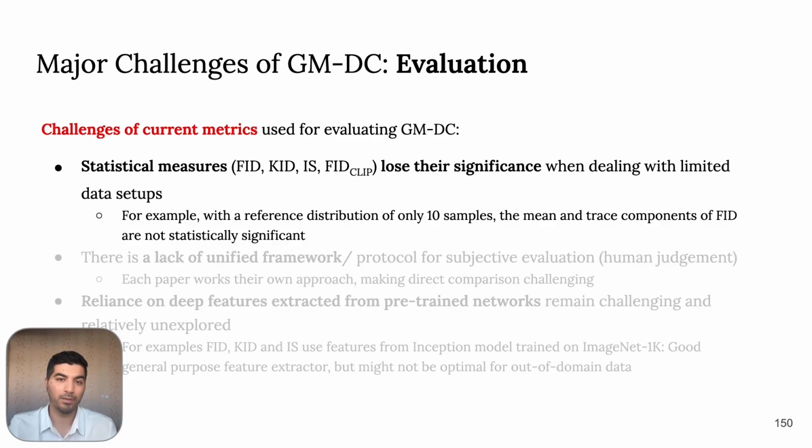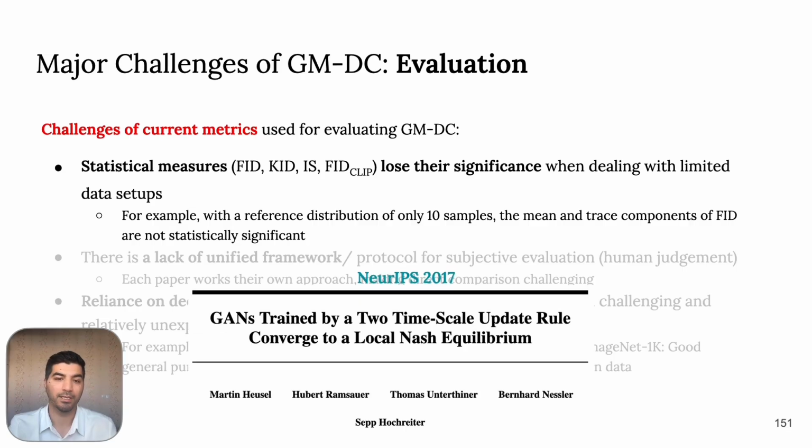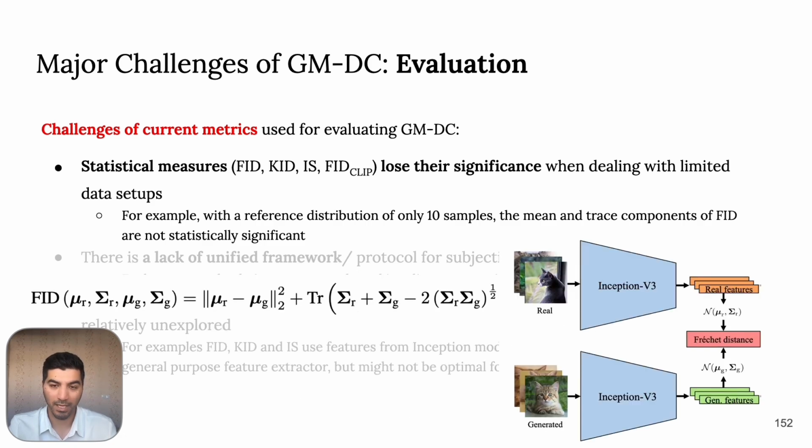But there are some challenges with current metrics. First one is that statistical measures like FID, KID, and Inception Score lose their significance when dealing with limited data. What we mean by that, for example, FID was introduced in this NeurIPS 2017 paper. How this is calculated: we have real images, we pass them through the Inception network as a feature extractor.